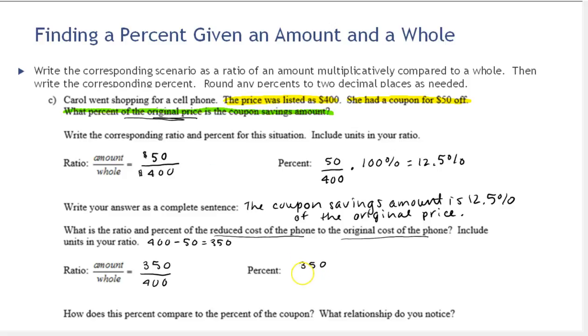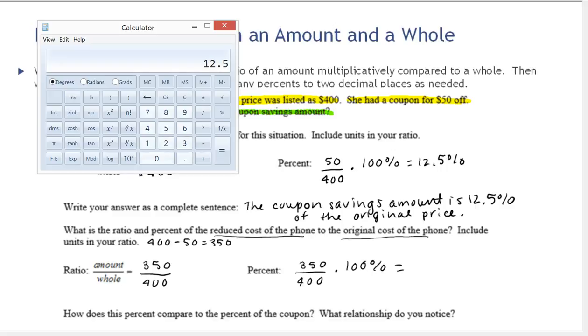Now let's find this as a percent by taking this ratio and multiplying by 100%. 350 divided by 400 is this, times 100, gives us 87.5%.